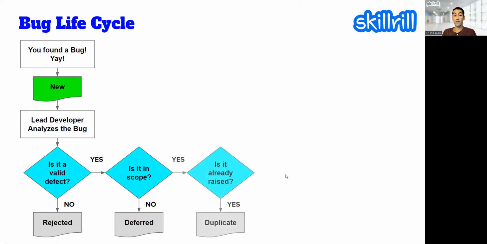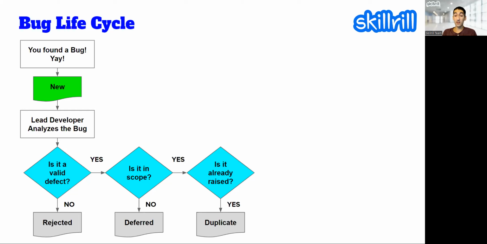Defer it means that we're going to do it sometime later. Okay. So if it is in scope, then another question is, is it already raised? That happens because in one team, sometimes like 2-3 testers are working at the same time, right? Even more, sometimes, if it's a complicated application, and then one creates a defect, another creates a defect that is very similar in nature, or maybe identical.